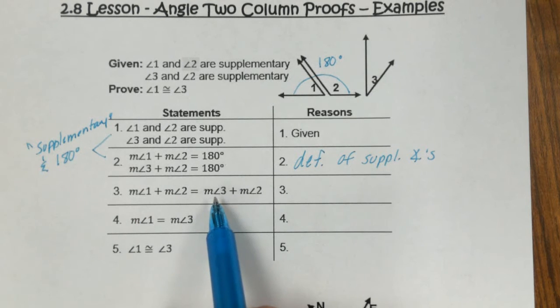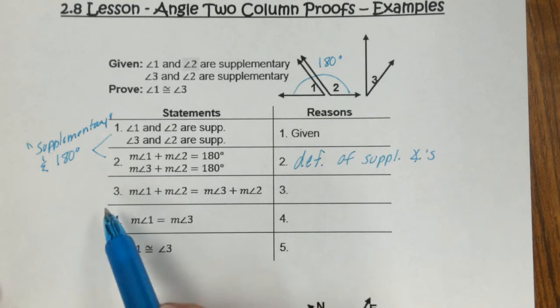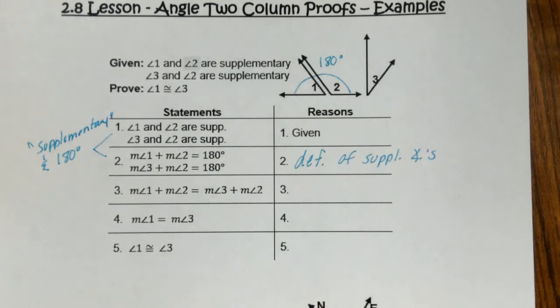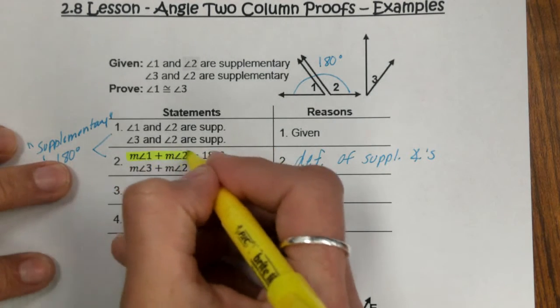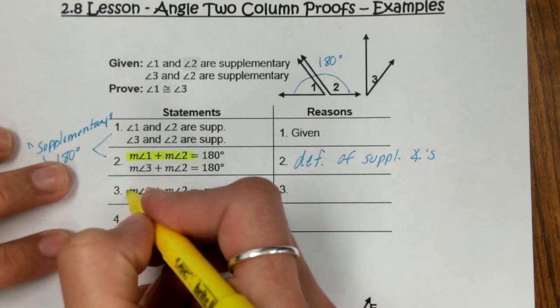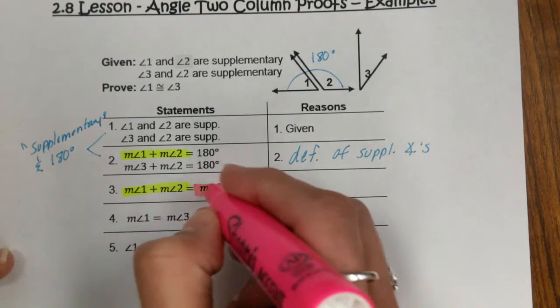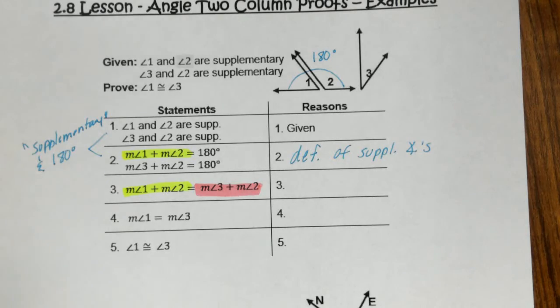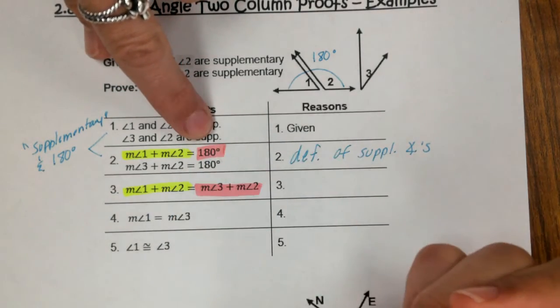Next, we're moving down here to the measurement of angle 1 plus the measurement of angle 2 is equal to the measurement of angle 3 plus the measurement of angle 4. Let's take a look at what's happened in statement number 3. The first thing I want you to notice is between statement 2 and 3, I have the measurement of angle 1 plus the measurement of angle 2. I still have that. Nothing's changed on the left side. What has changed is what's on the right side. The right side in statement 2 said 180 degrees.